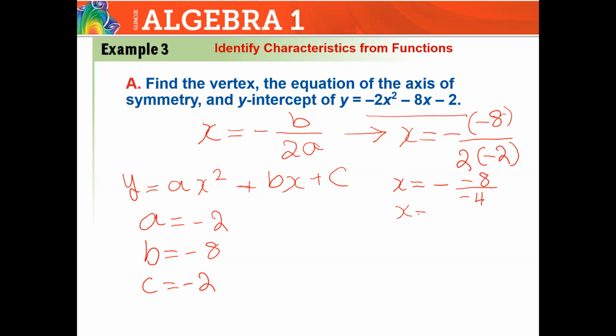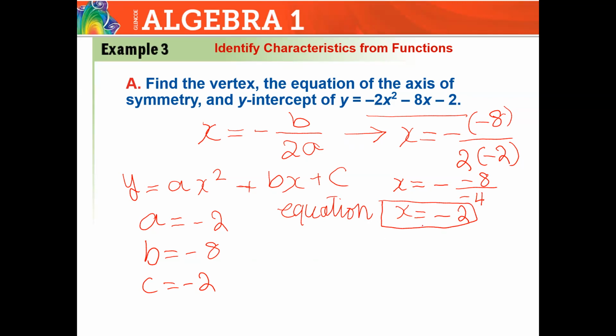So x equals negative 8 divided by negative 4, negative divided by negative is positive, 8 divided by 4 is 2. So we have x equal negative 2. So now we have the equation of the axis of symmetry, x equal negative 2. How are you going to get the vertex?